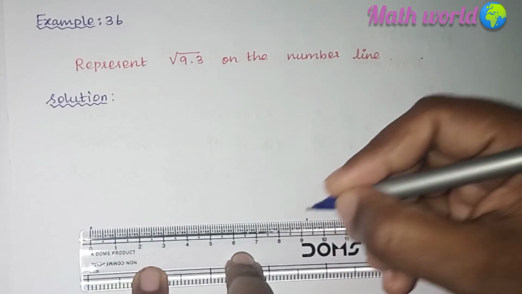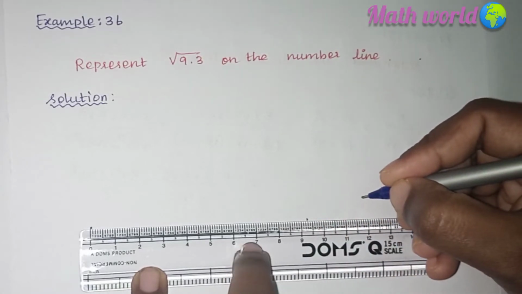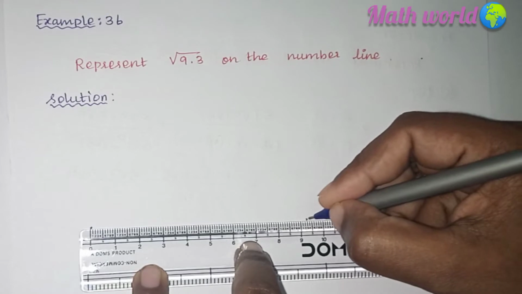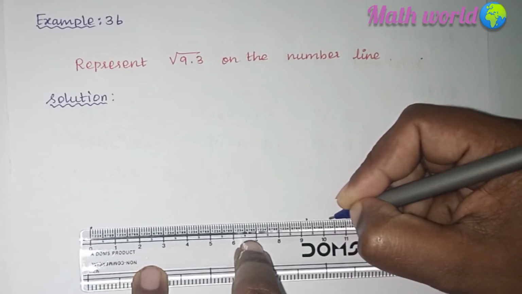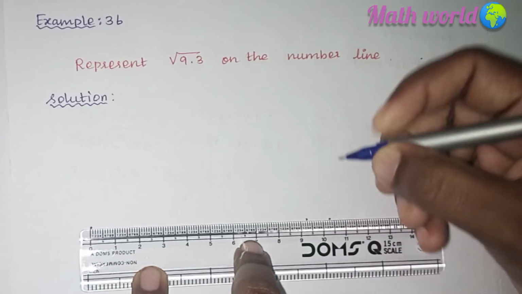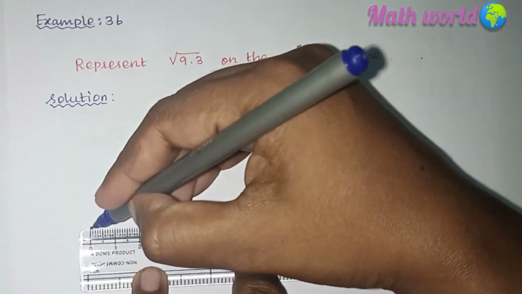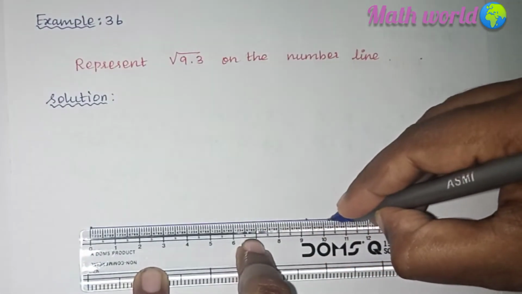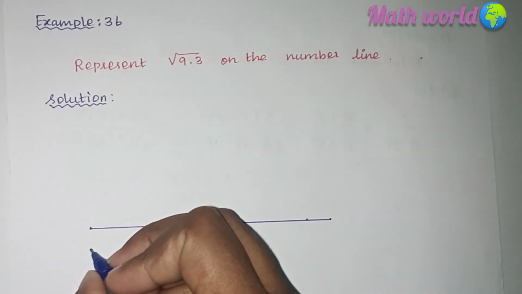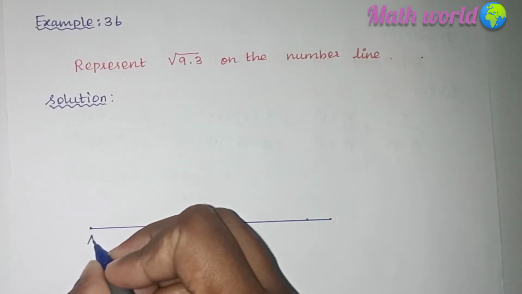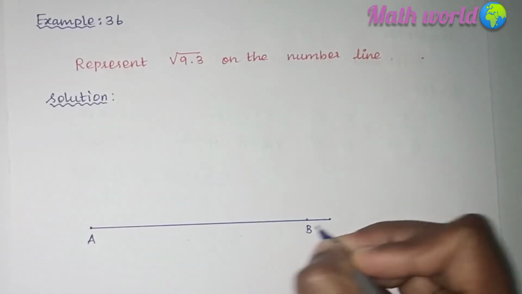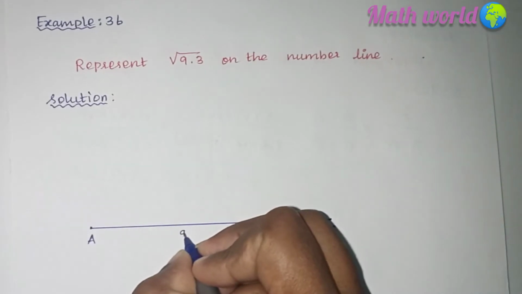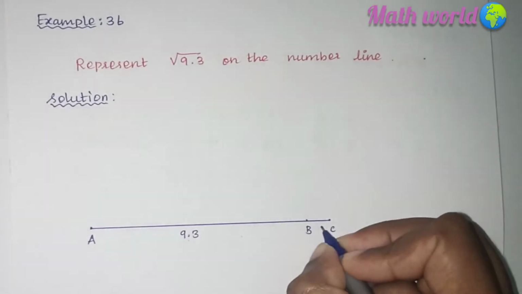Then one more centimeter I take from here, so 10.3. Now I have joined fully, so that it is A, it is B, it is C. This is 9.3, this is 1.